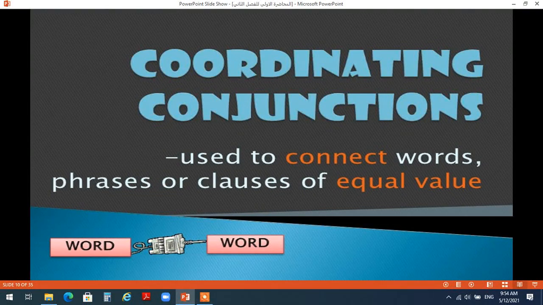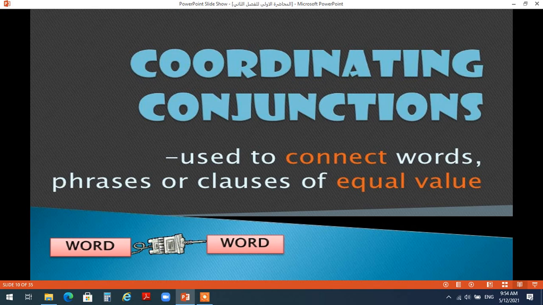So, as a start, we can say that coordinating conjunctions are used to connect words, phrases, or clauses of equal value. إذن كما قلنا coordinating conjunctions أو أدوات الربط التناسقية ممكن أن أستخدمها لربط كلمات أو عبارات اسمية أو عبارات فعلية of equal value على شرط أن تكون متساوية من ناحية الأهمية.